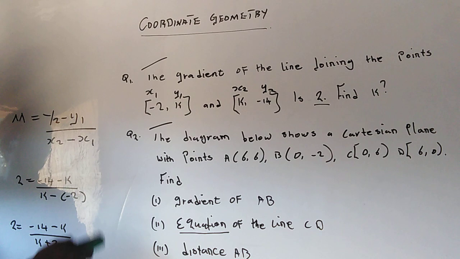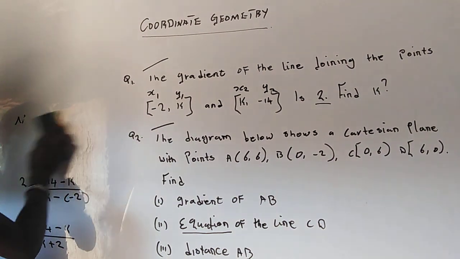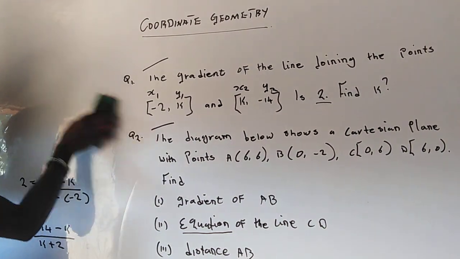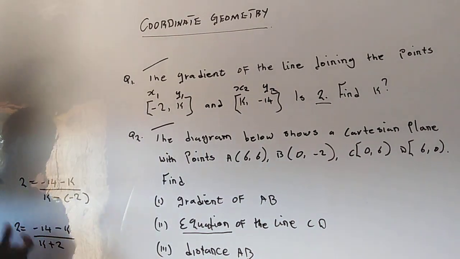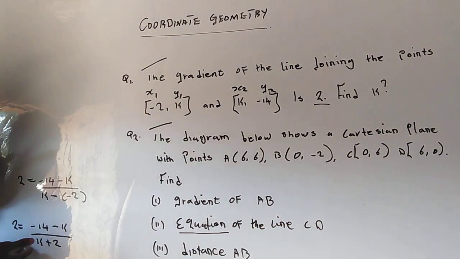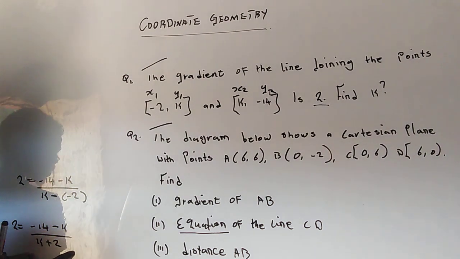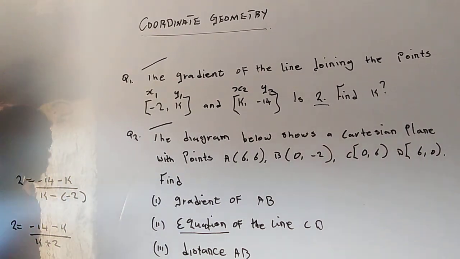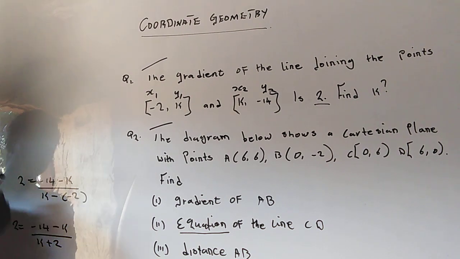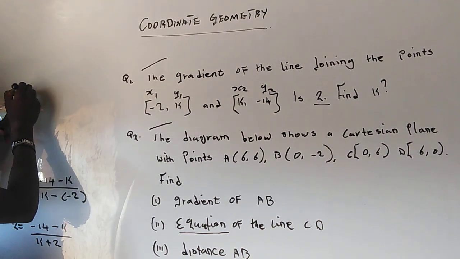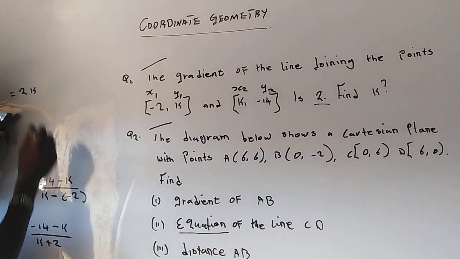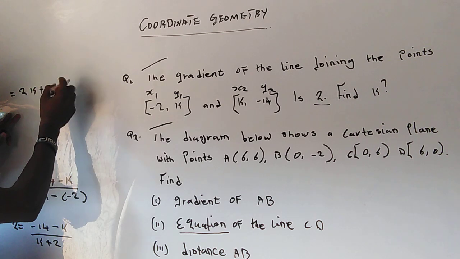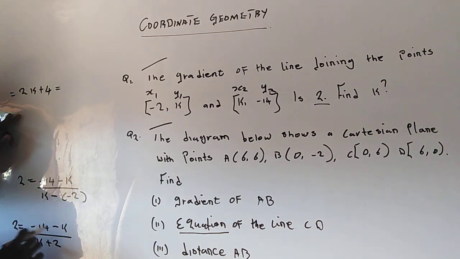Let me erase this part so that I remain with much space. Since I'm finding the value of k, I'm going to multiply 2 with everything from here, like those single fraction problems. 2 times k, I'm going to have 2k. 2 times 2, I'm going to have a positive 4, is equal to everything.